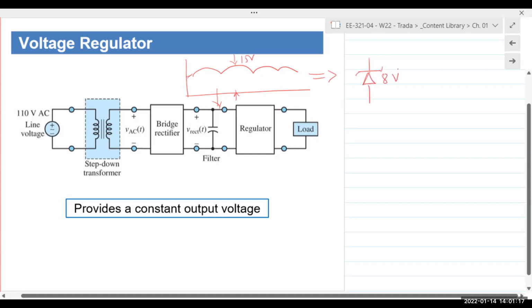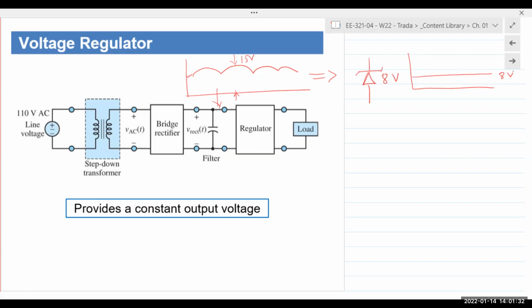that is rated for 8 volts, the output is going to be something like this, a flat line of 8 volts. Because Zener diode in the reverse bias is not going to conduct anything at all. The diode will stay off. It's a reverse bias. So if it's positive here, negative here, diode's going to stay off.